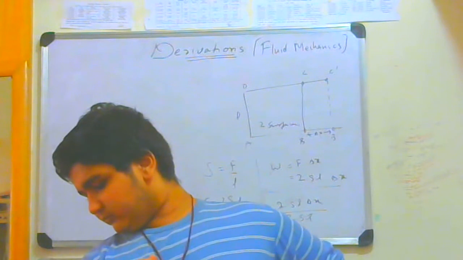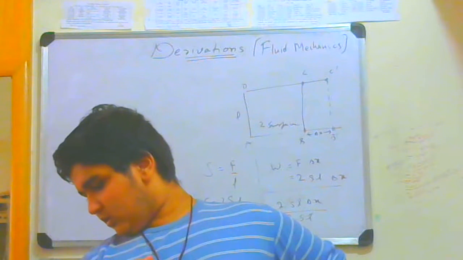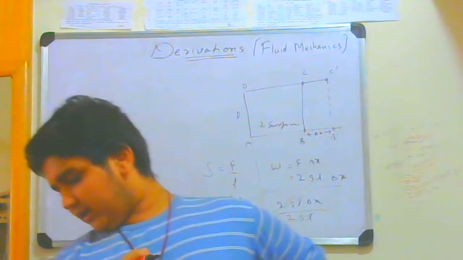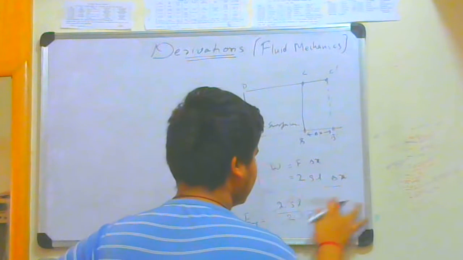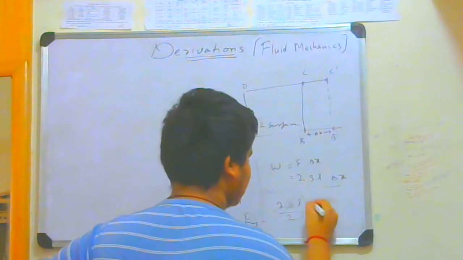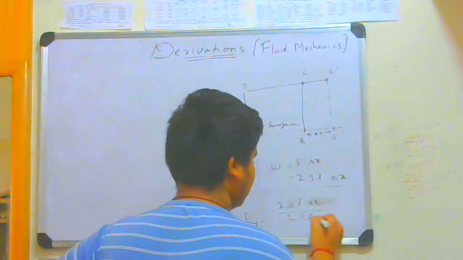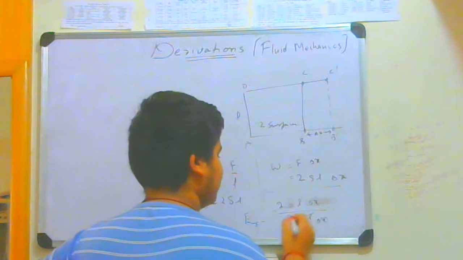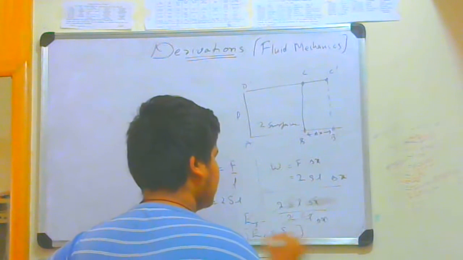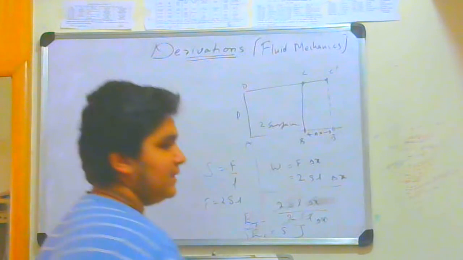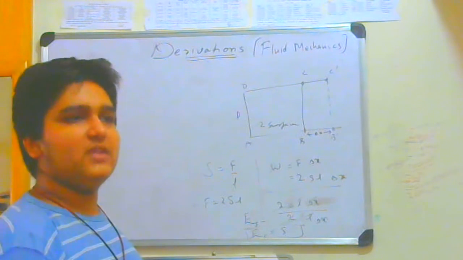Okay, x also gets cancelled. So I will be left with surface energy equal to surface tension S. S is surface tension, ES is surface energy, so that's surface energy.